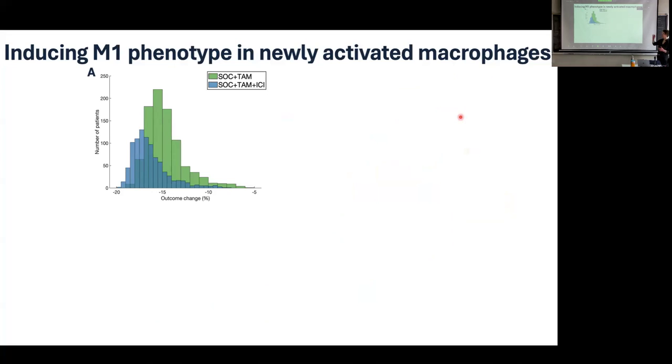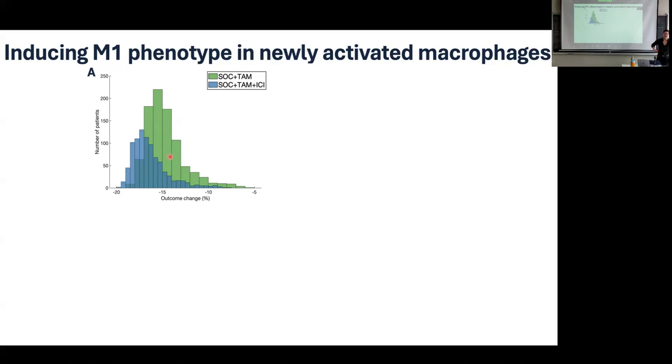So the first we looked at was inducing the M1 phenotype. In these graphs where they're green and blue, the green is standard of care with the tumor-associated macrophage treatment. The blue is that plus an ICI. You get an increased outcome, and you want to be more negative. Compared to just standard of care, one here would be no actual difference from standard of care.